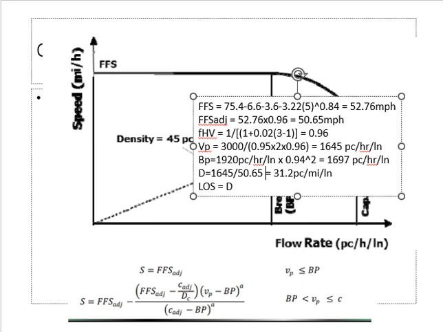How much? Flow rate upon free flow speed. We calculate the new break point, and the break point is still more than the flow rate. 1645 was the flow rate.